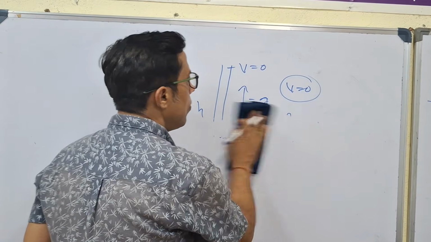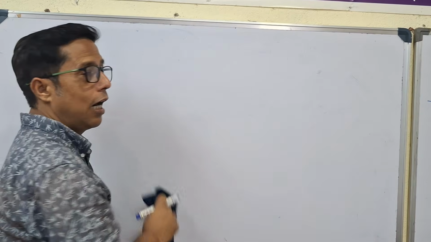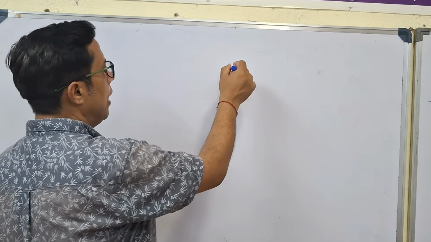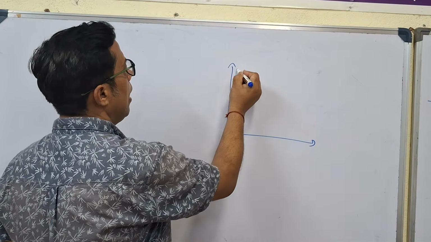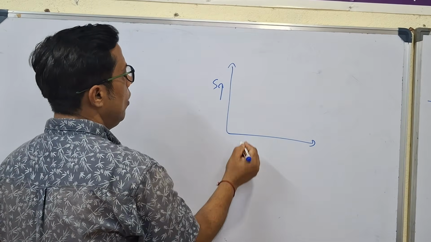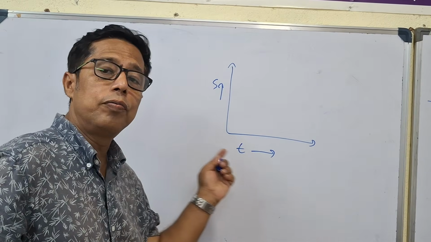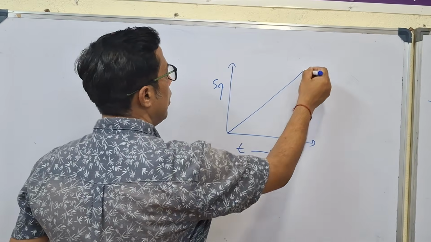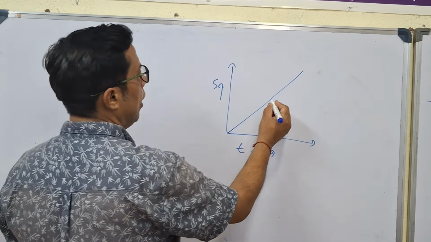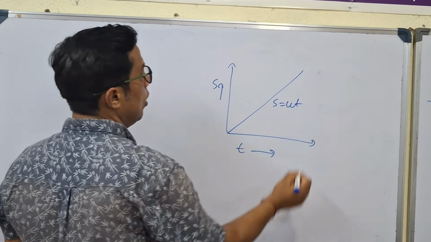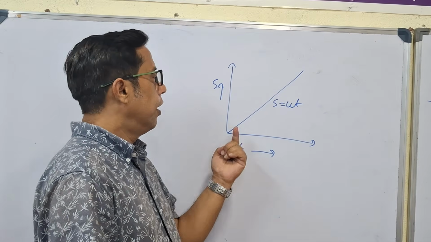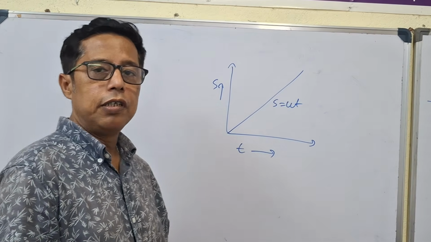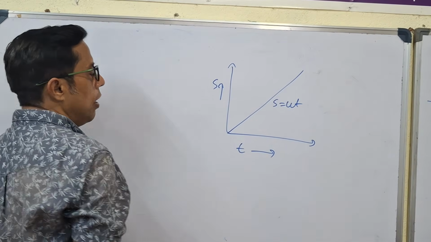Okay. Next is the graphical relations. Like if I take the s-t graph, s will be on the y-axis, and time will always be on the x-axis. So what are the types of s-t graph?